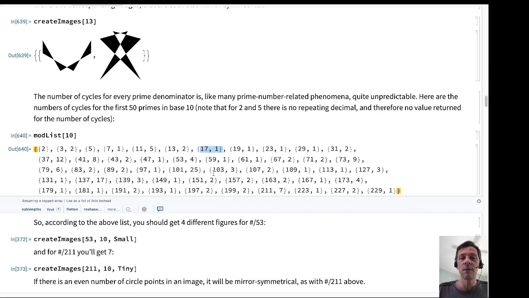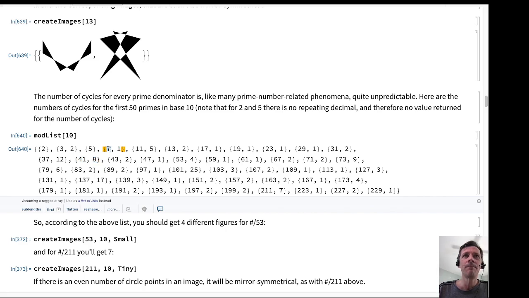And you'll see that some of these numbers get quite big. For example, 41 forms 8 different polygons, and how many sides are in each polygon?